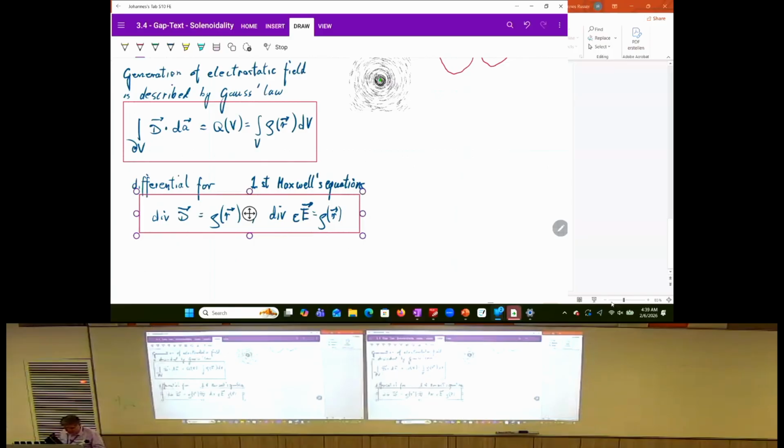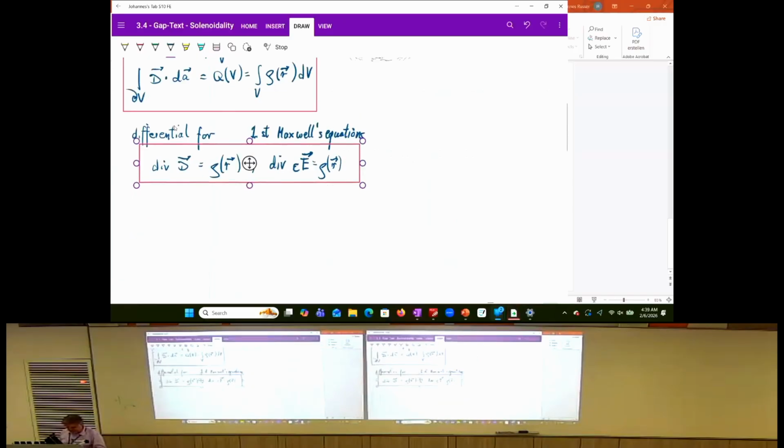And you see how it is related to the sources: you have here the D field, that is, as you see, the permittivity times the E field, and it is related to the charge. So these charges are causing the E field, so they are the sources to the E field.